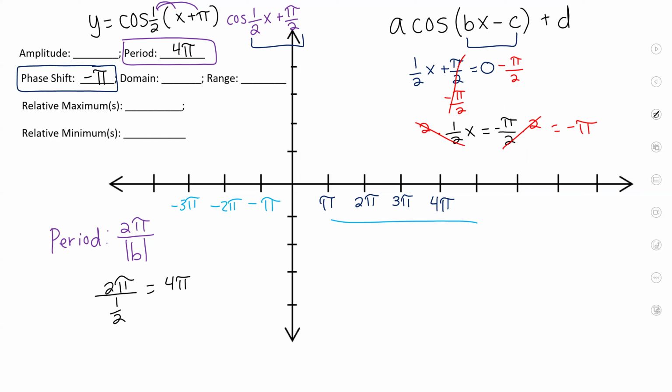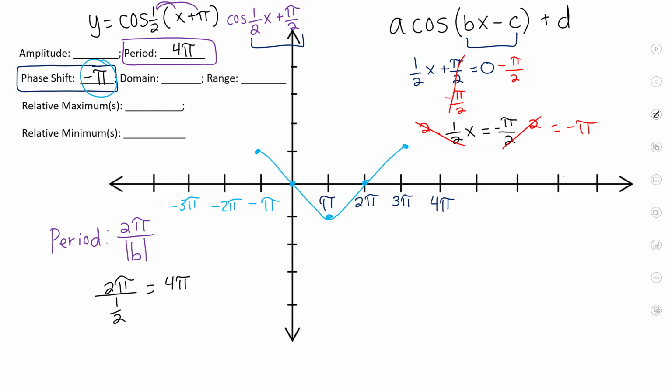But I'm only scooting over negative pi. So that means your graph would look like this. Right? So that's your graph.